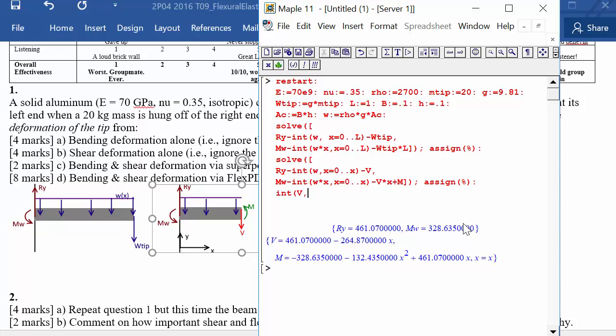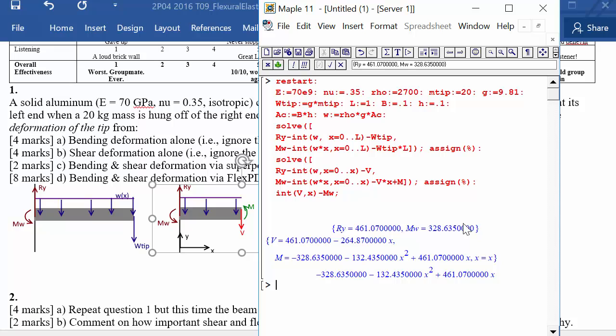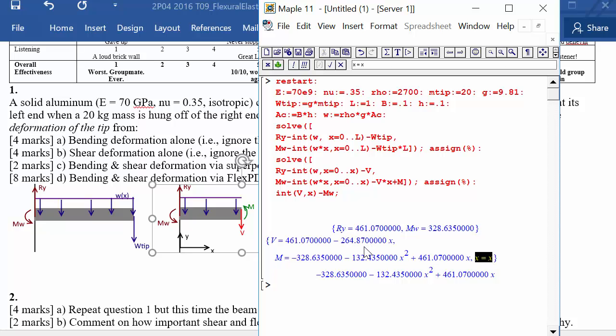So integral of v with respect to x, and then we're going to go minus mw and see what we have there. And it looks like we are exactly the same there. So one thing is that we got a little bit lucky, because we actually didn't tell it what to solve for everything in terms of.